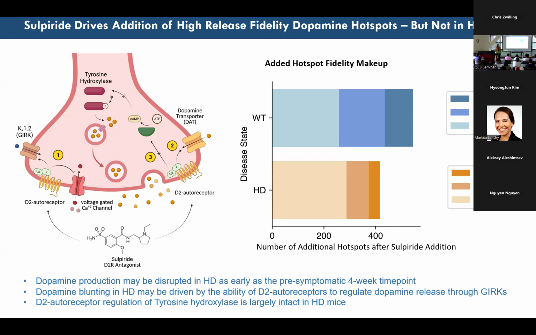Where cells, both in Huntington's disease and wild type, are likely to release dopamine at least sometimes. But the blunting in dopamine release happens with these subsequent release events. So again, with the analogy of the person trying to speak on mute, in Huntington's disease, it's not so much that there's a compromise of dopamine synthesis per se, but it's in the release machinery that we're seeing blunting of dopamine release.